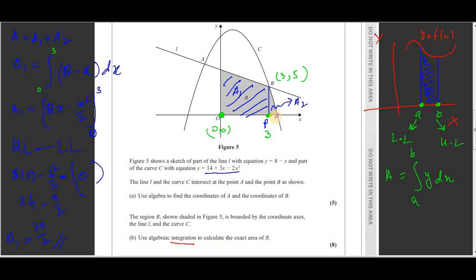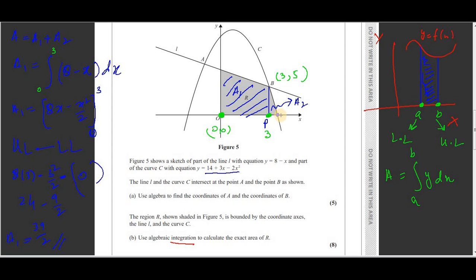This point is the x-intercept of the curve. So you can substitute y equal to 0 to figure out the root or x coordinate. So before finding area A2, you need to find the upper limit.